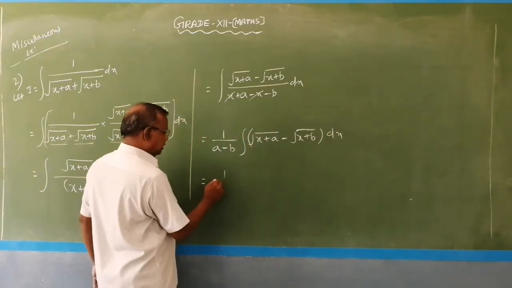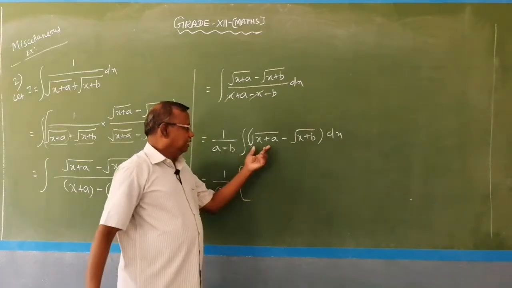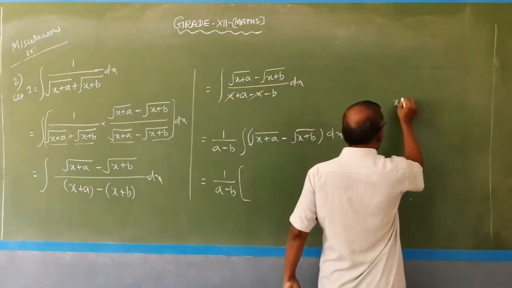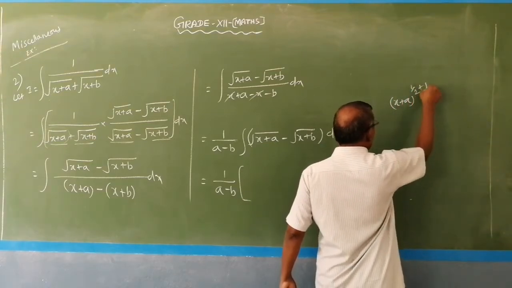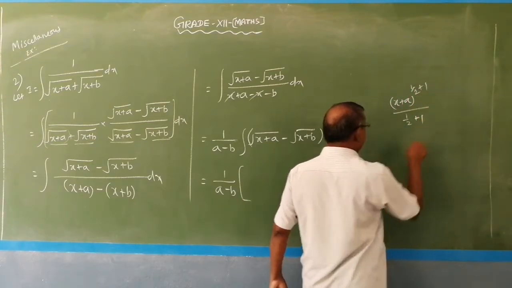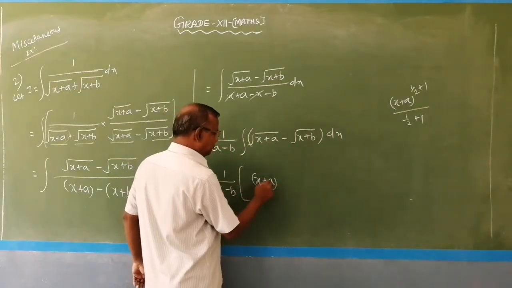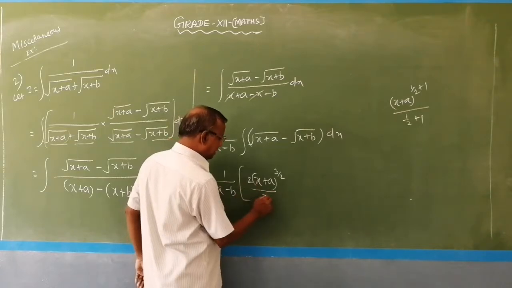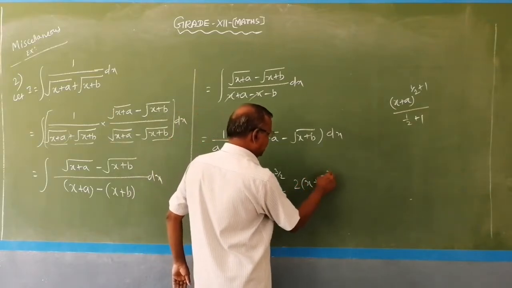Now, this is 1 by a minus b into, integrating x plus a whole power 1 by 2. So, x plus a whole power 1 by 2 means it is x plus a whole power 1 by 2 plus 1 divided by 1 by 2 plus 1. Accordingly, it is x plus a whole power 3 by 2 divided by 3 by 2, that means into 2 by 3, minus 2 by 3 into x plus b whole power 3 by 2.